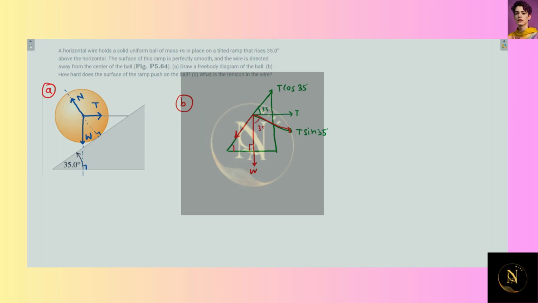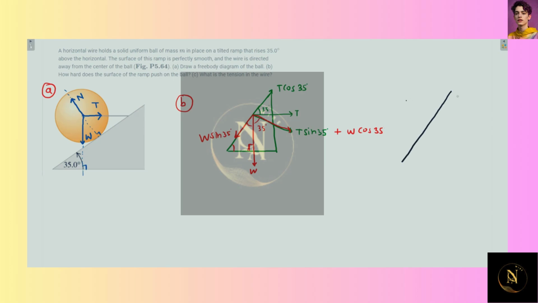This angle is also 35 degrees as per the geometry, because this is 90, so 90 minus 35 gives 35 again. So the perpendicular component is going to be W cos 35 degrees, and along the surface is going to be W sin 35 degrees.